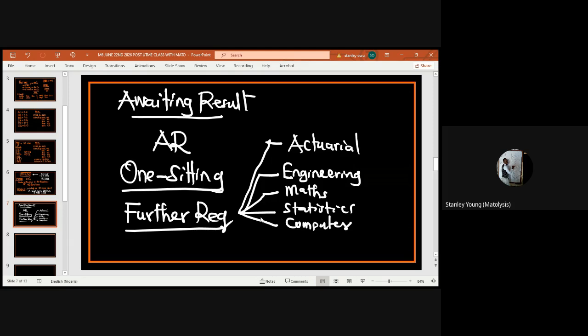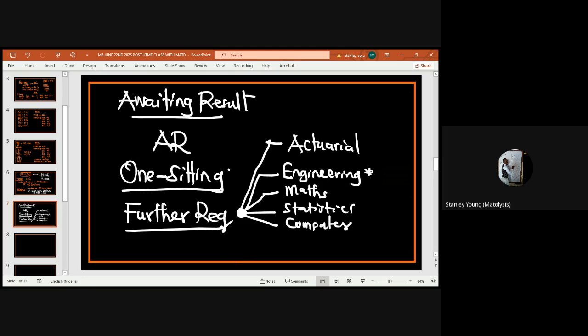And there is biomedical engineering. Of course, you might think that because it's biomedical, it shouldn't require further math. Please, it's still under engineering, therefore, it requires further math. So in case there is anyone I do not remember to include in this class, I will inform you later on.